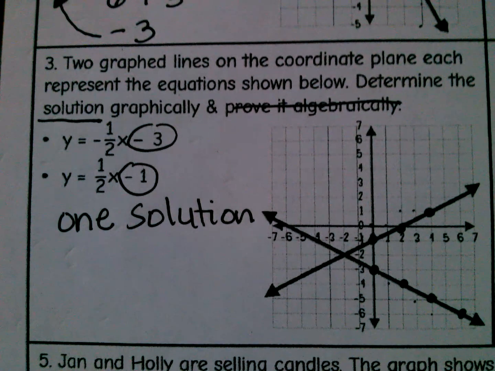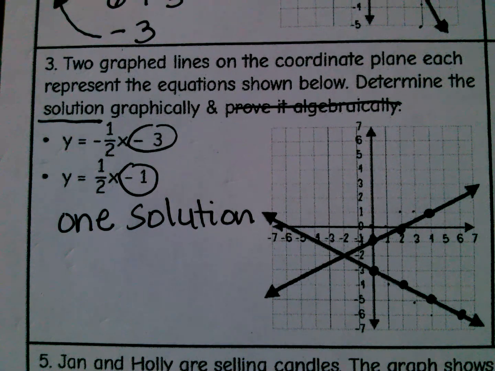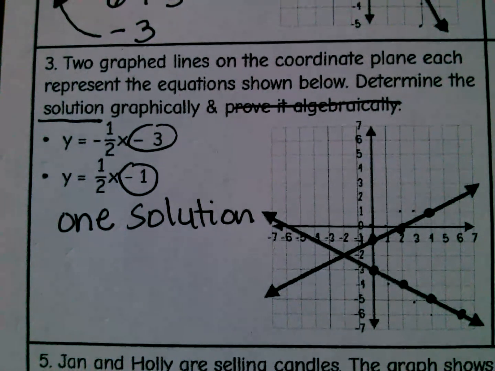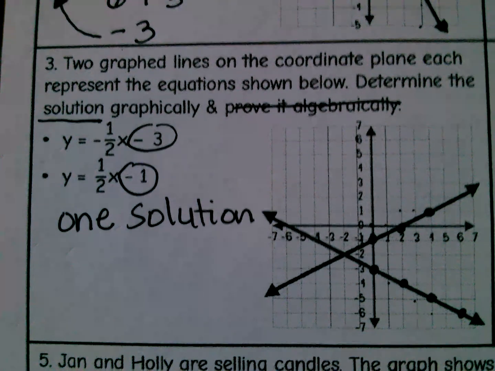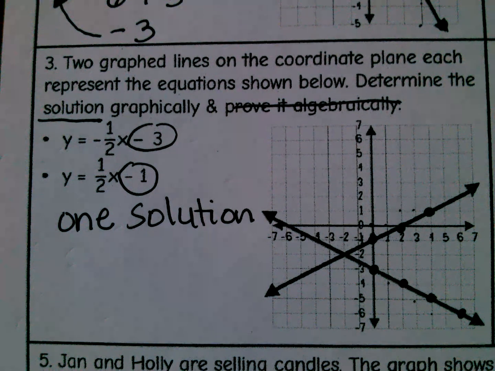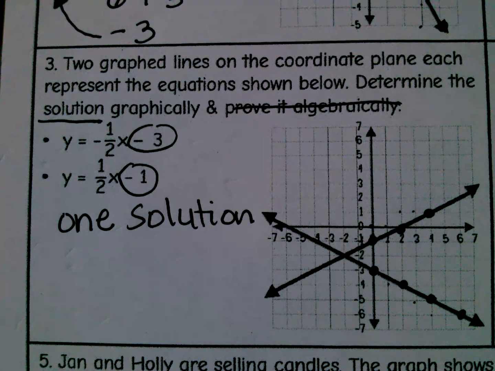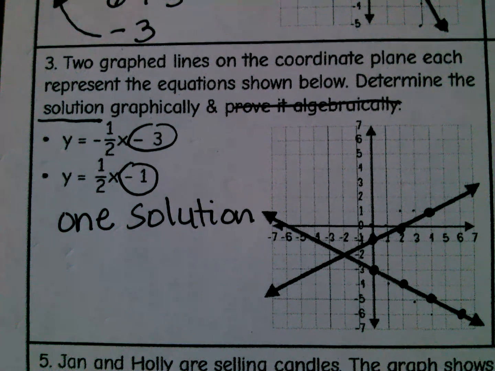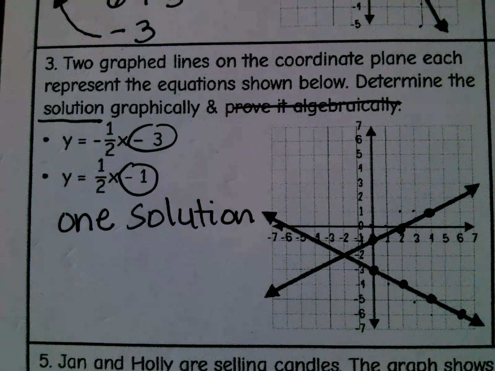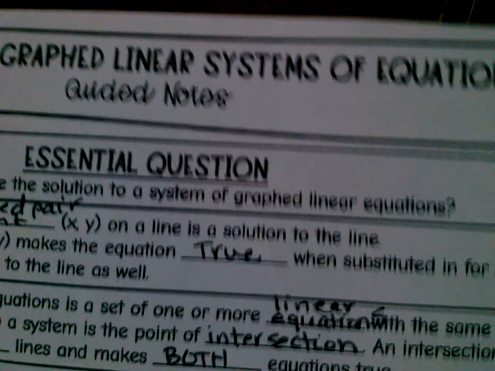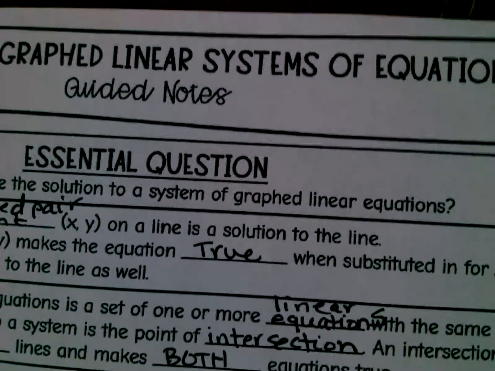Now, what is it? How do we find that one solution? Where do you find the solution? What's the definition of a solution? The point of what? Where is it? Right here. Can you see it?